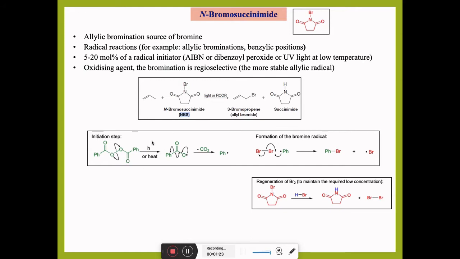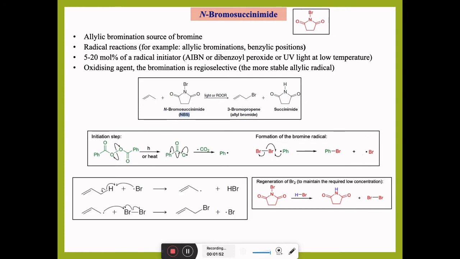So this reaction involves an initial step, the peroxide in presence of light or heat will give you a radical by homolysis. This radical which is formed then reacts with the bromine molecule to form a bromine radical.